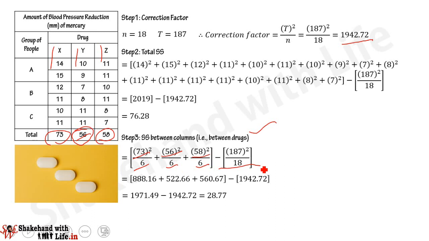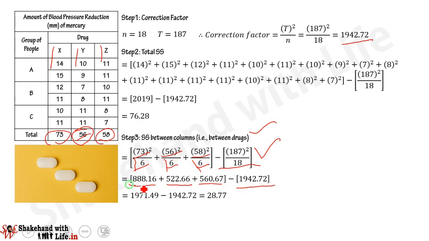So from this we get 888.16. From this we get 522.66, and from this we get 560.67, right? And solve this. When we solve this we get 1942.72.